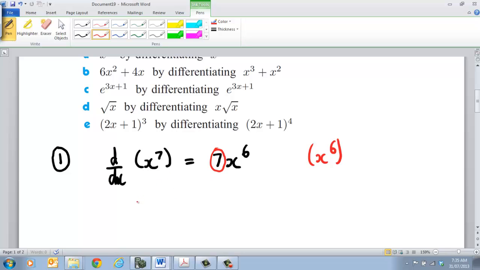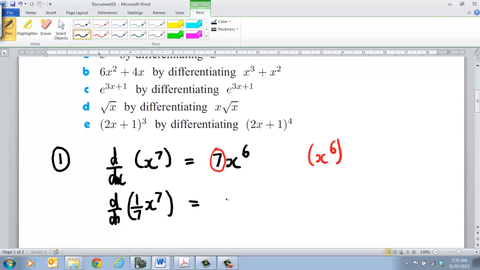So that would become 1 on 7 of x to the 7, dx. That's going to give me x to the 6.